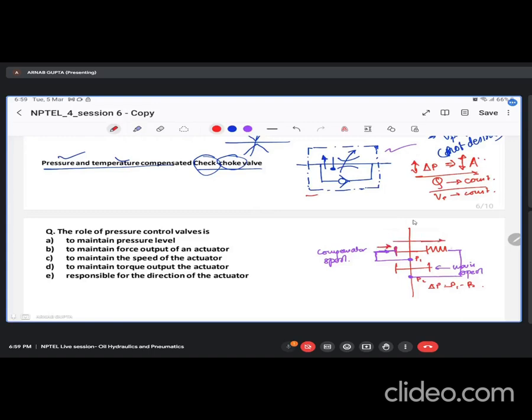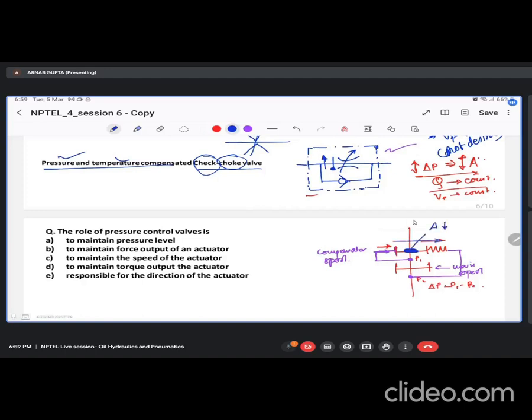And as a result of that, what happens in this line? Here you have one opening. That opening gets shortened if this spool is moving this side. So if the spool is moving this side, what happens to A?